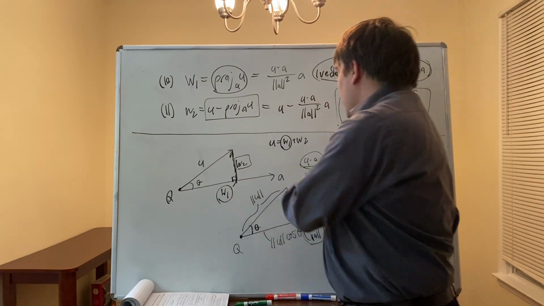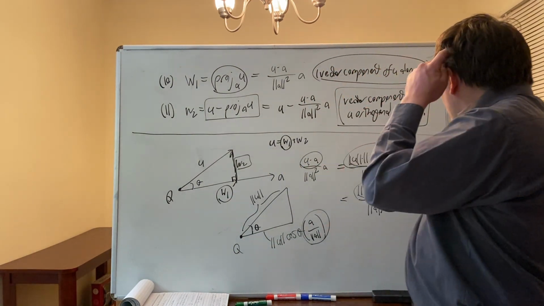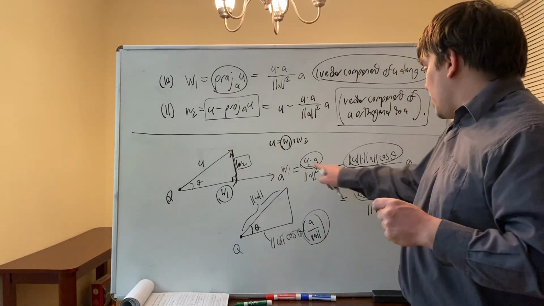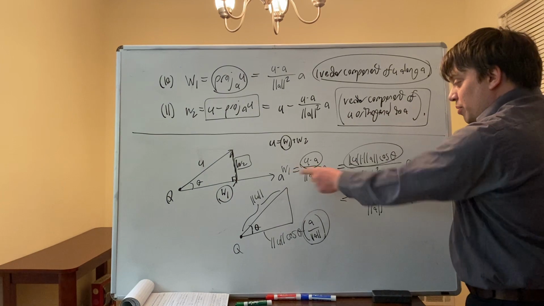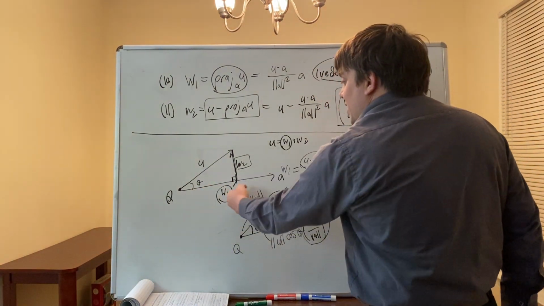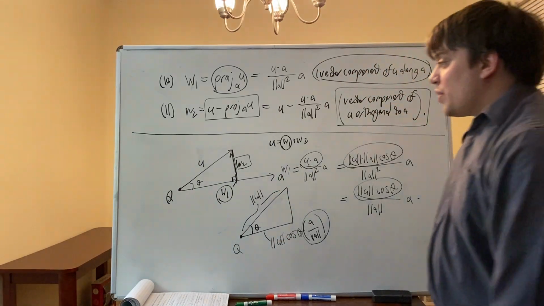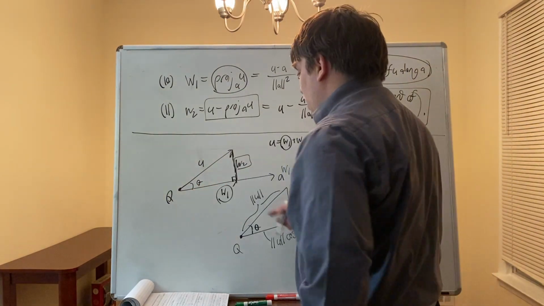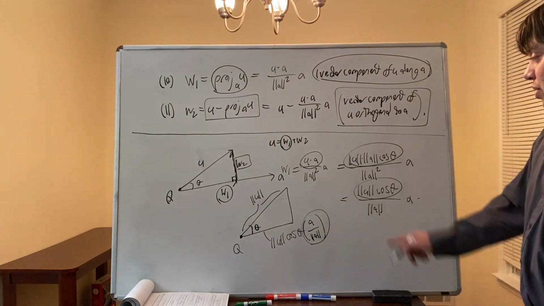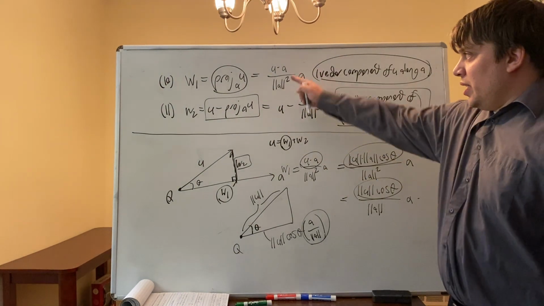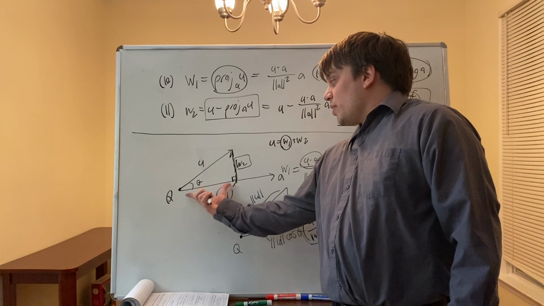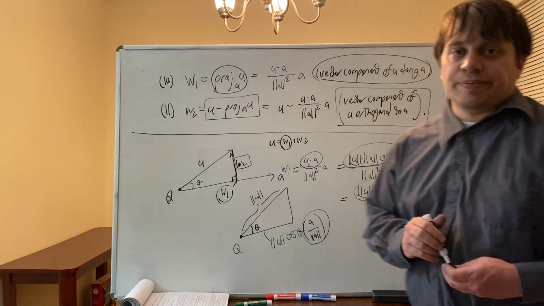If you set this equal to w1, then w1 is the vector with this side length in the direction of a. That is the side of the triangle that's perpendicular to this one and gets you to a.